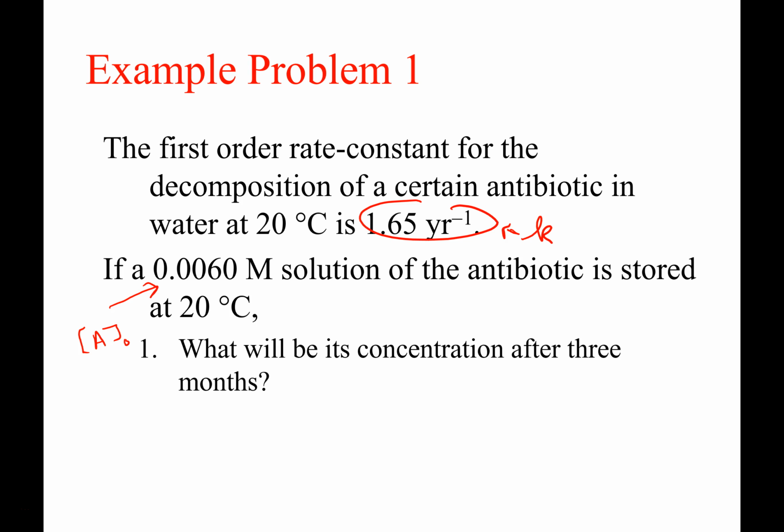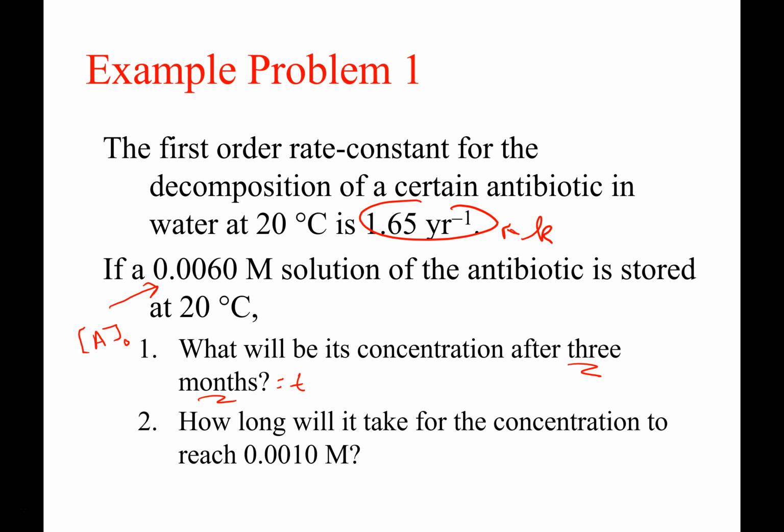So 3 months is going to be the time that we allow. I think we're going to end up using this form because we have t, 3 months, we have A0, 0.0060 molar, and we're solving for A. That's it.